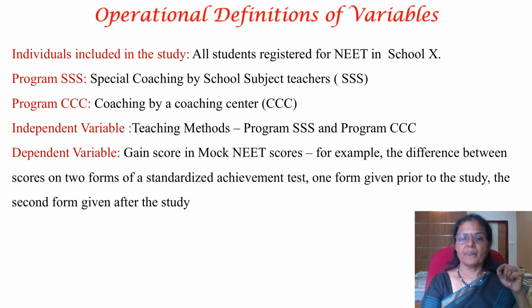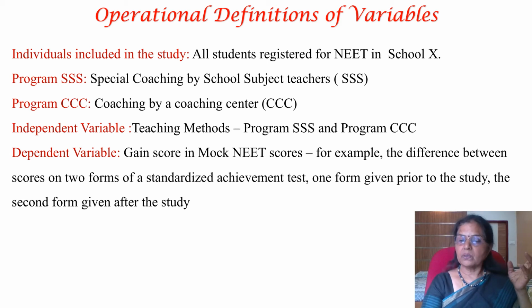Yes. Now we will operationally define all these terms. The first term: we have to define who are all the individuals included in the study. You should give the operational definition for the participants. So, all students registered for NEET in school, yes.